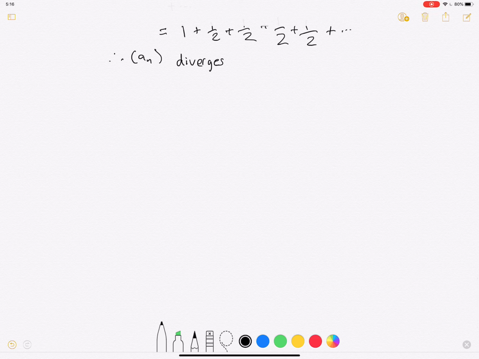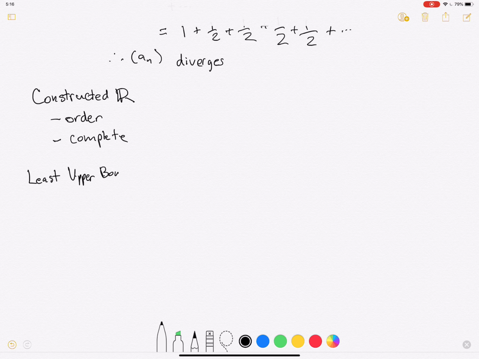To recap what we've done, we constructed R, the real numbers, and showed it has an order and that it's complete, and that all of its Cauchy sequences converge in itself. To do this, we showed the least upper bound principle, that the supremum of a set bounded above exists. And then we showed the monotone convergence theorem.